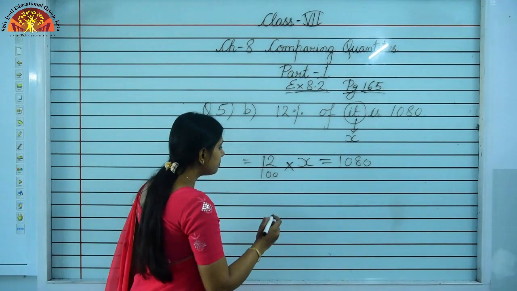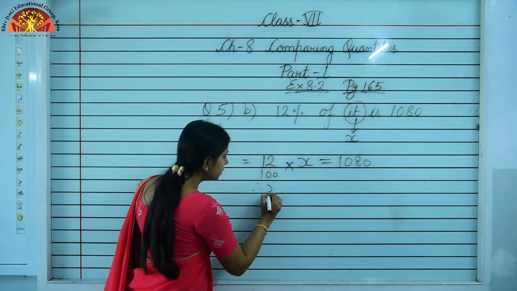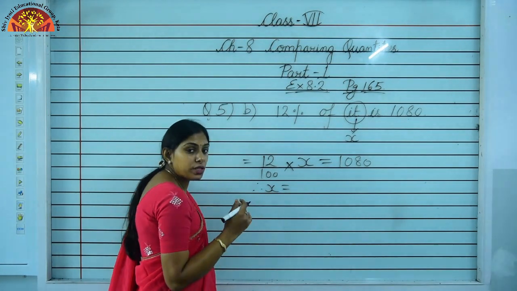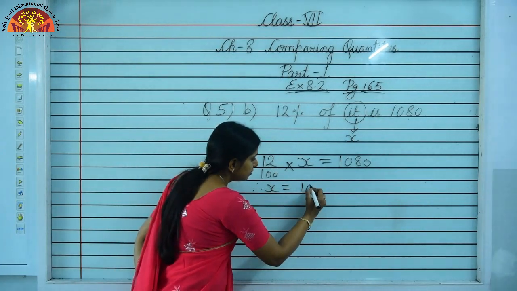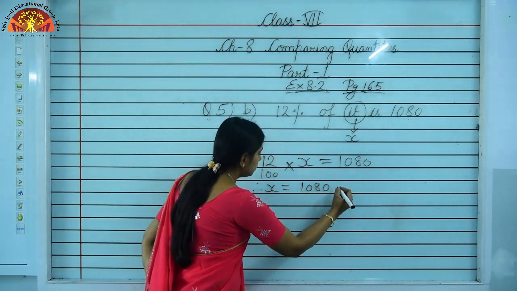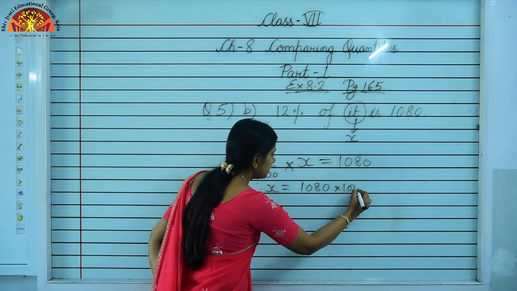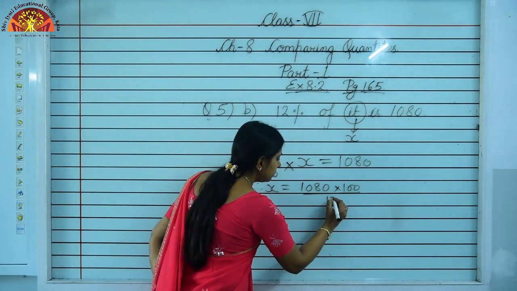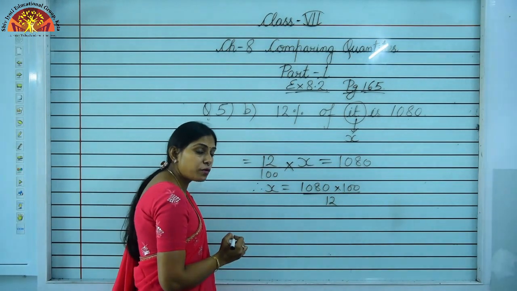Now it is easy to simplify. Therefore x is equal to, क्या करोगे आप, cross multiplication, 1080 into 100 upon 12. Okay, now you may find it easy to solve.